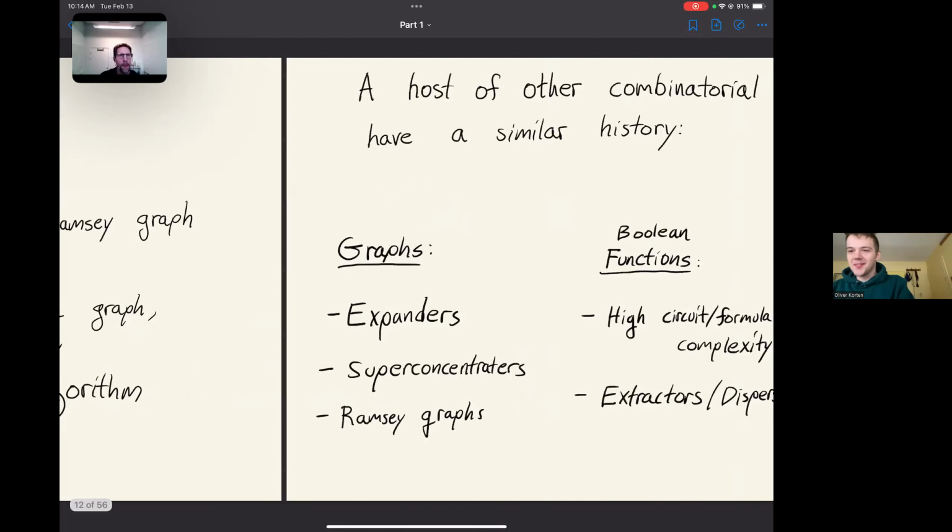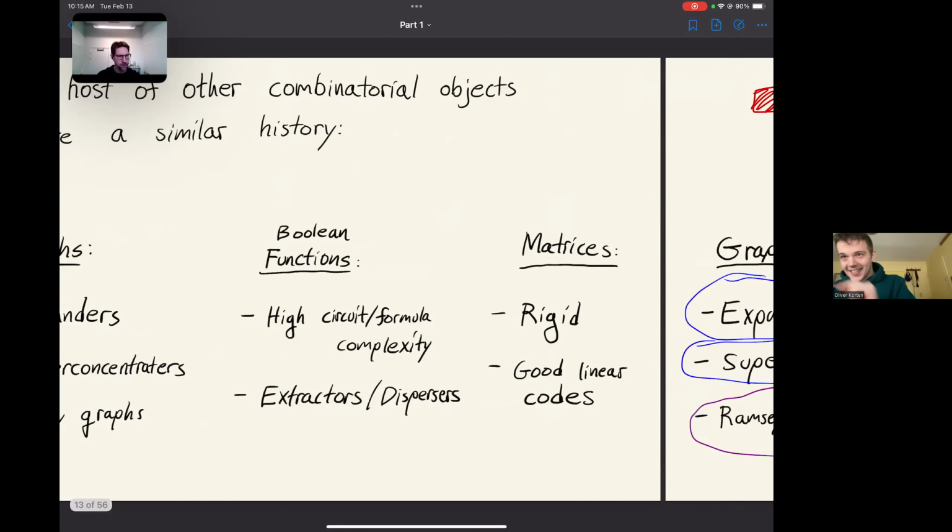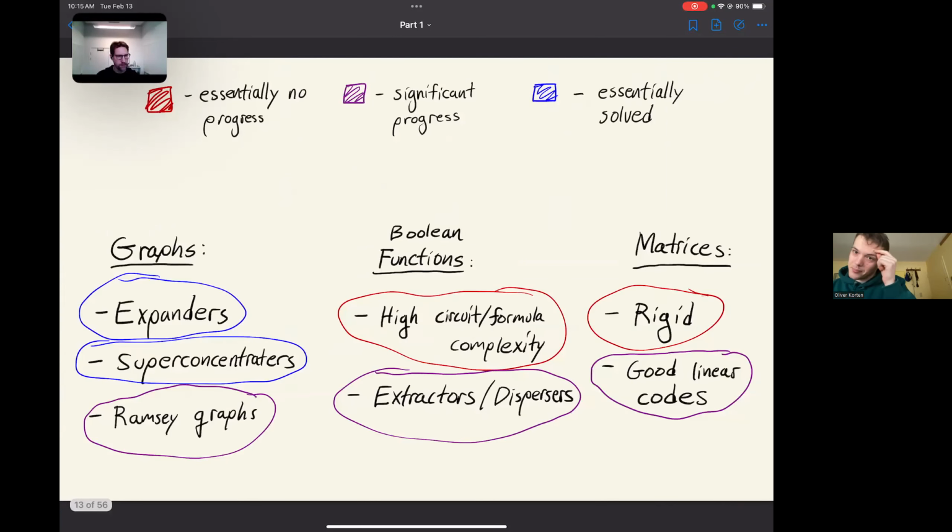I have a few of them listed out on this page that have had a very similar history where, when people started considering them, they immediately tried this probabilistic proof. They found very easily that you can show these objects exist, but over time, it's proven very difficult to match this with a constructive proof. And just a little key here: for these selected problems I chose, for some of them, the ones I marked, there's been no progress.